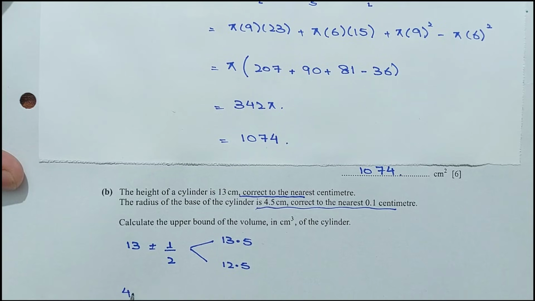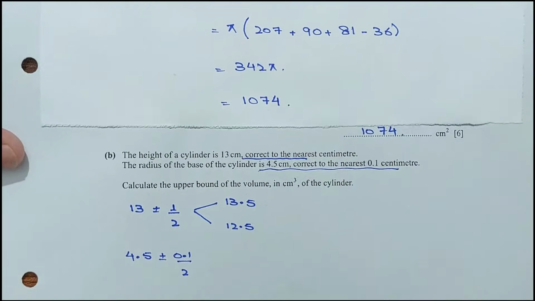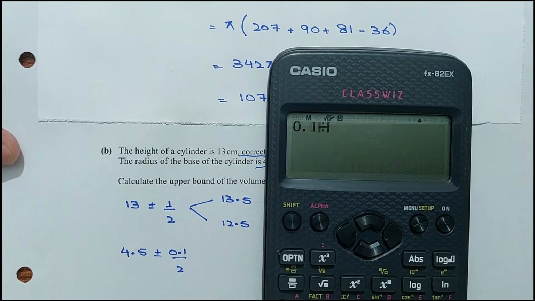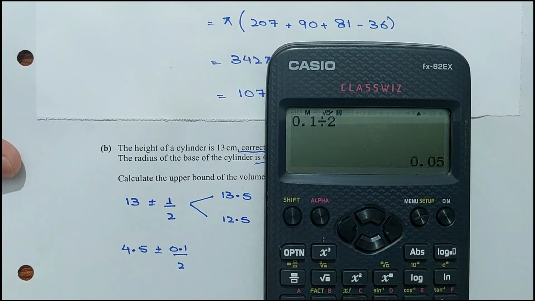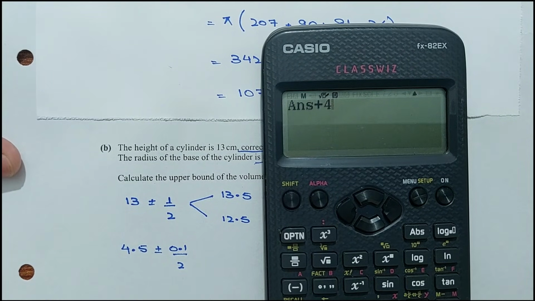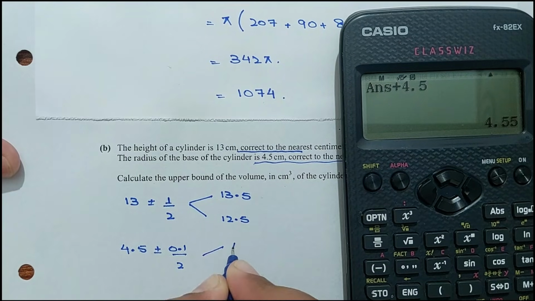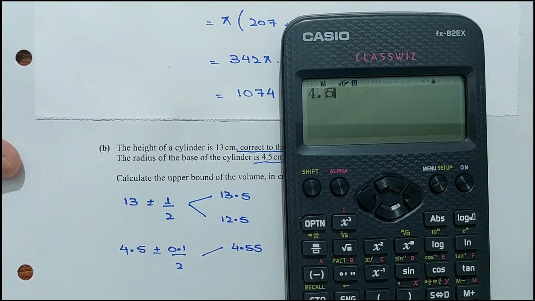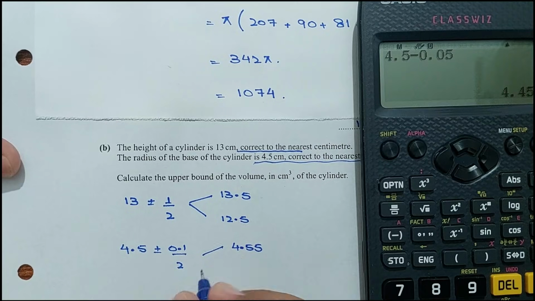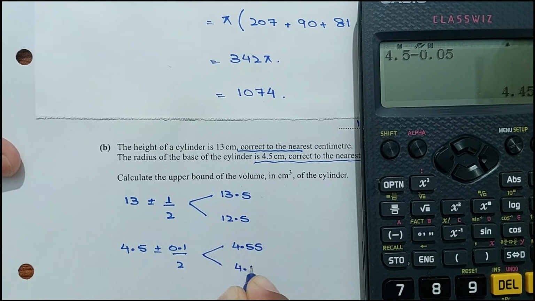Right, so in 4.5, we have to add and subtract 0.1 divided by 2. So 0.1 divided by 2 is 0.05, plus 4.5 is 4.55. And 4.5 minus 0.05 would be 4.45.